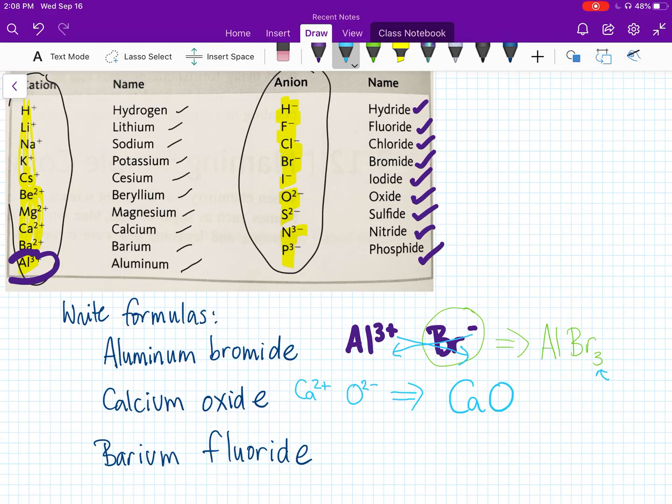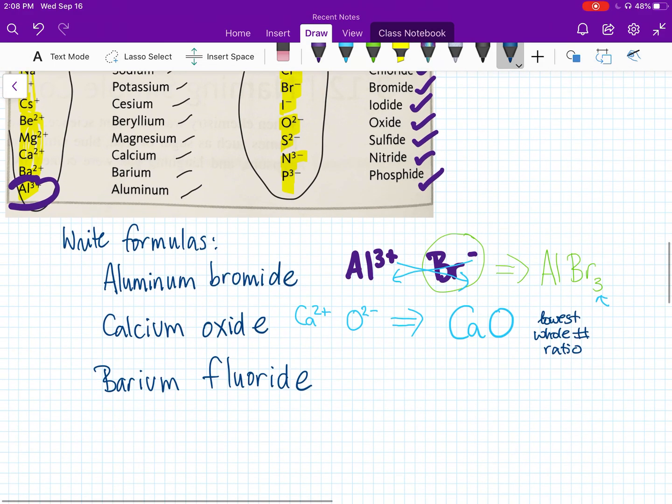You should always use the lowest whole number ratio of elements in ionic compounds. Okay, so we don't want Ca2O2. You want to reduce it to the lowest whole number ratio of elements to each other.